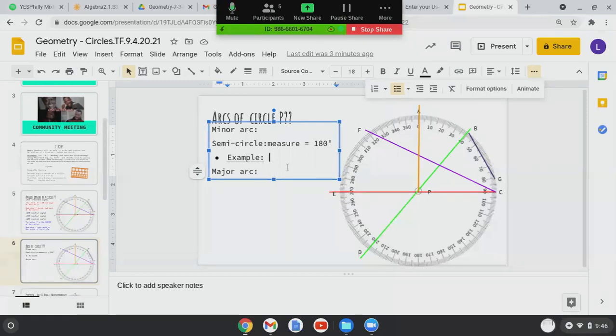So how do you think the measure of a minor arc relates to 180 degrees? You know relationships in math. Less than, greater than, less than or equal to, greater than or equal to, not equal to, and equal to. So what do you think about the measure of a minor arc as it relates to 180 degrees?